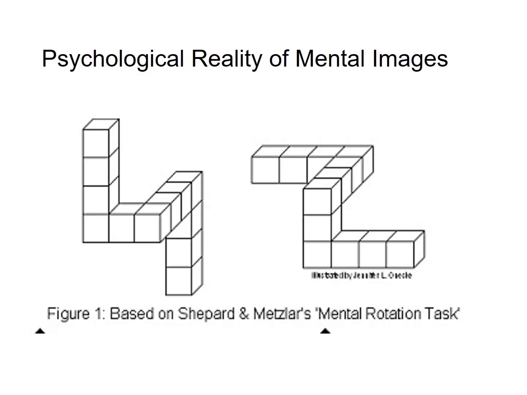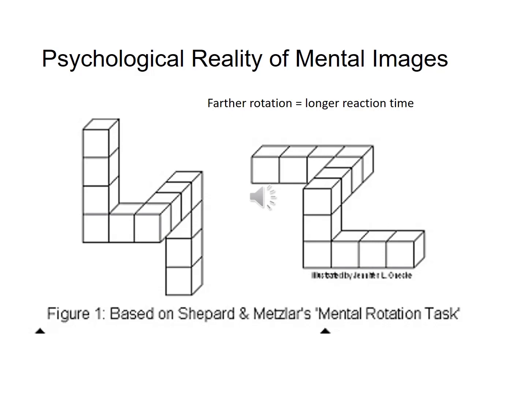Shepard and Metzler in 1971 had participants do this task while they recorded how quickly they could make their response. And they found that the amount of time that it took participants for a given trial was correlated positively with how far they had to rotate the second object in their mind's eye.